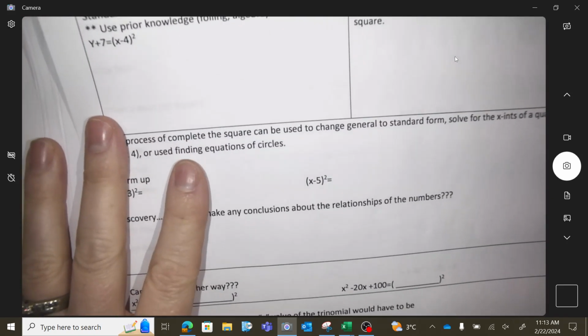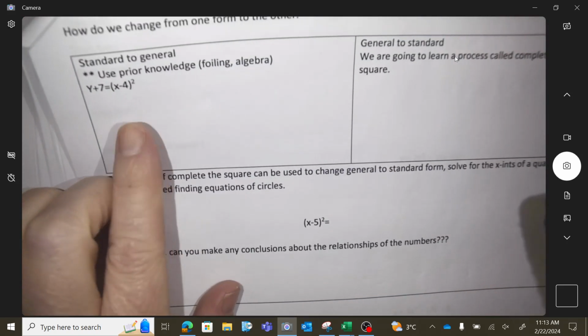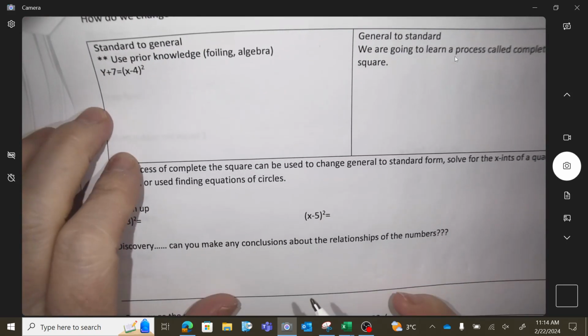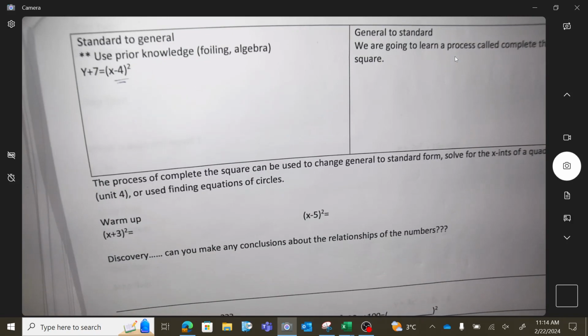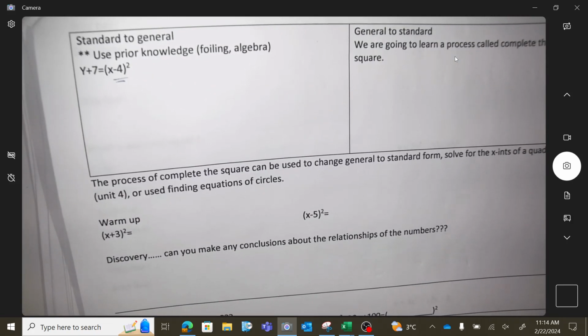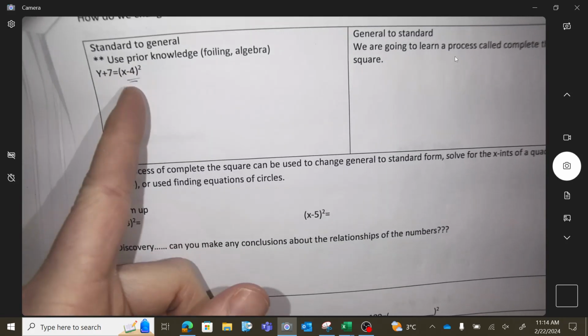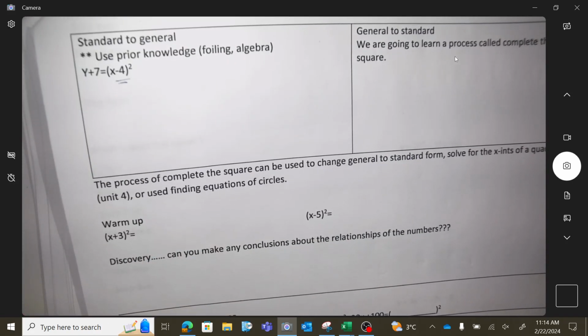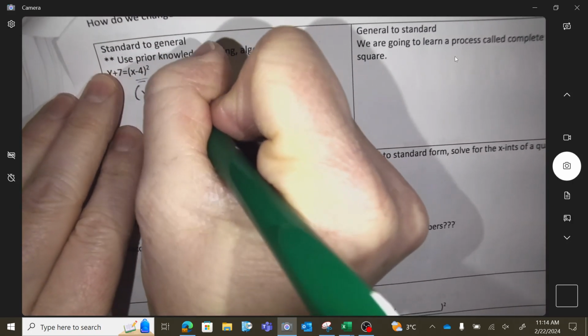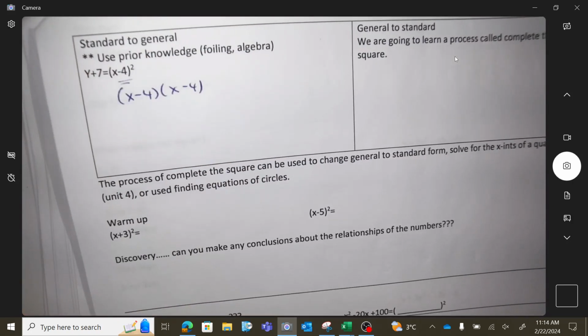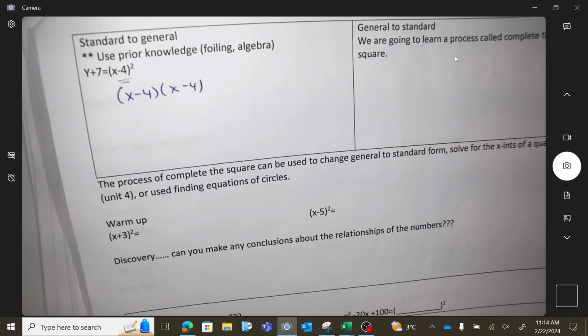So the first step, this is in standard, I would expand that. How do you square something? What does squaring mean? Here's what you need to understand: you're squaring this unit. You're not squaring individual things. You're squaring this unit. How do you FOIL that?